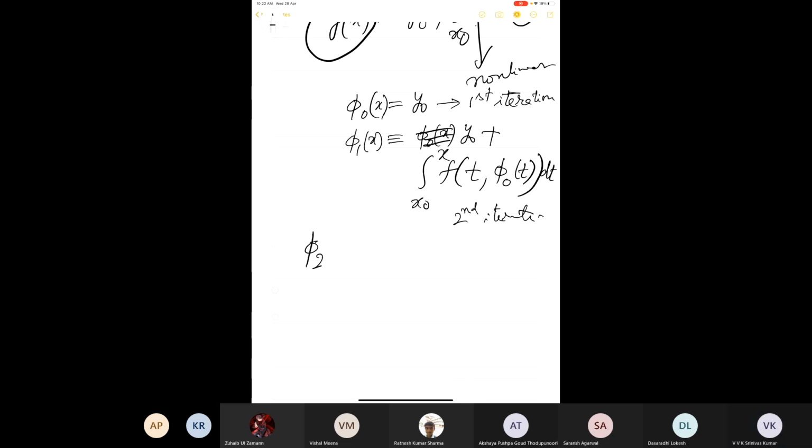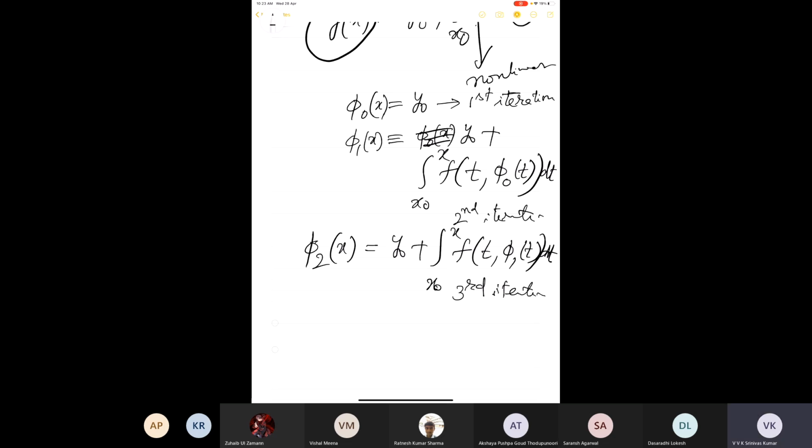Now phi 2 of x is equal to y0 plus the integral from x0 to x of f of t, phi 1 of t, dt. We are just recalling what we have already studied. This is the third iteration, or the first approximation, second approximation, third approximation, and so on.